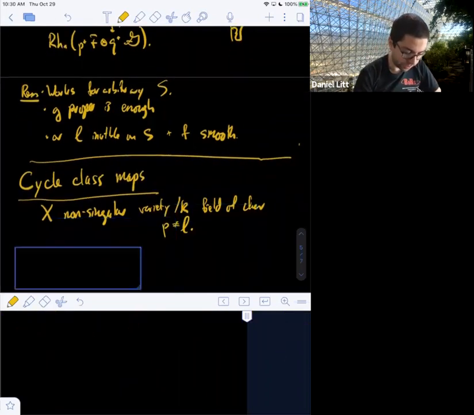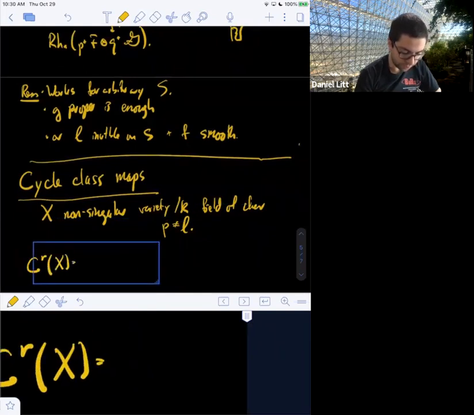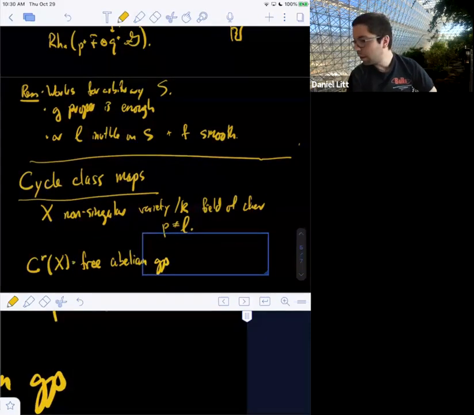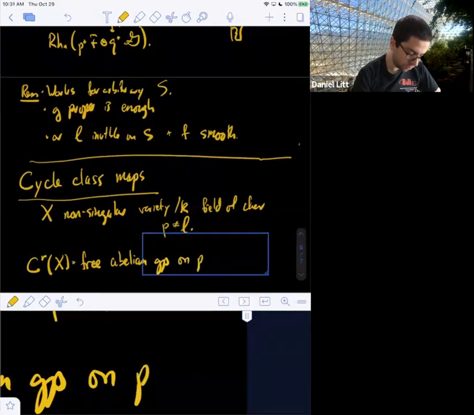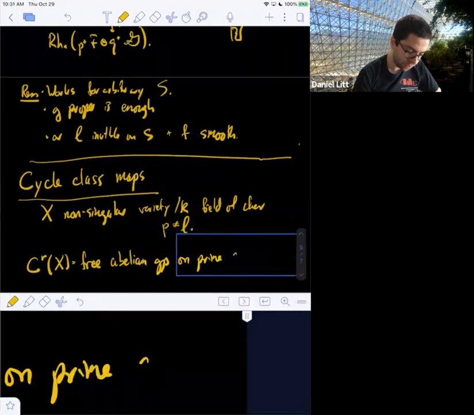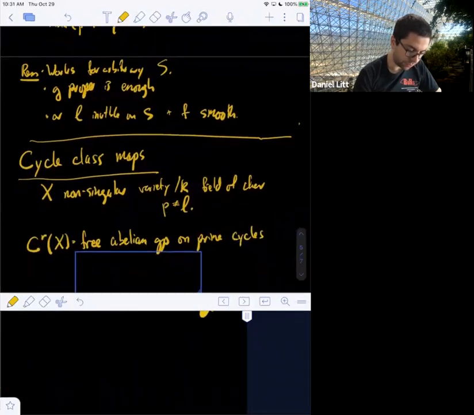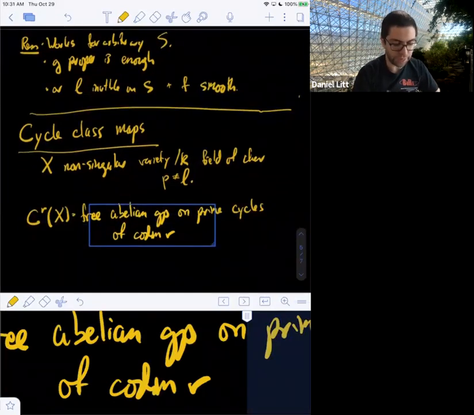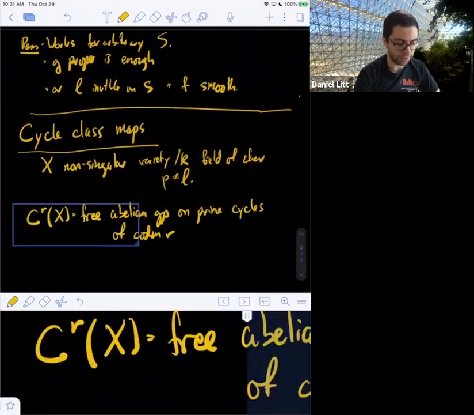So C^R of X is going to be the free abelian group on prime cycles. That just means irreducible subvarieties of codimension R. If you have any subscheme of pure codimension R, you can associate to it an element of this.